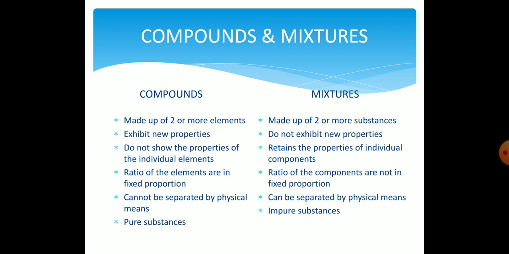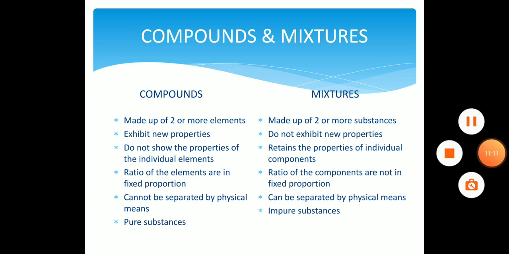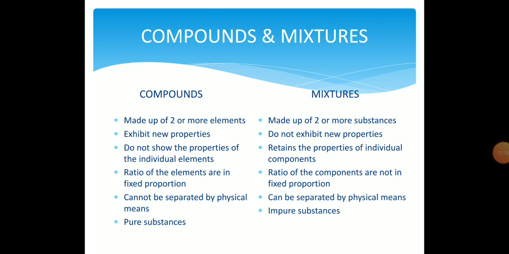Now, what are the differences between compounds and mixtures? Compounds are made of two or more elements. Mixtures are made up of two or more substances. Compounds exhibit new properties, whereas mixtures do not exhibit new properties.